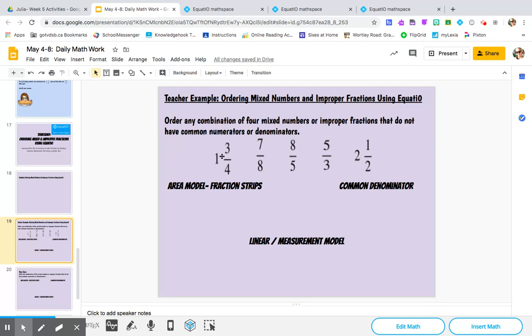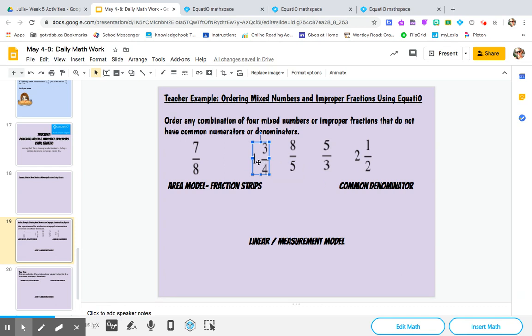So right away, if I look through my fractions, greater than 1, less than 1, greater than 1, greater than 1, greater than 1. So 7/8 is the only proper fraction here. It's the only one less than 1. So right away, I know that that's going to be my smallest fraction. So I only have 4 left to contend with here.